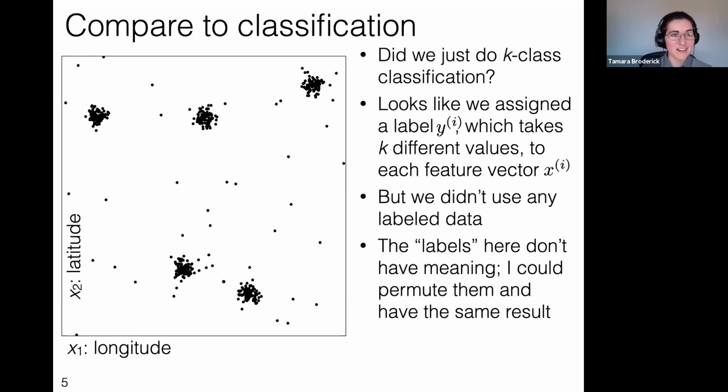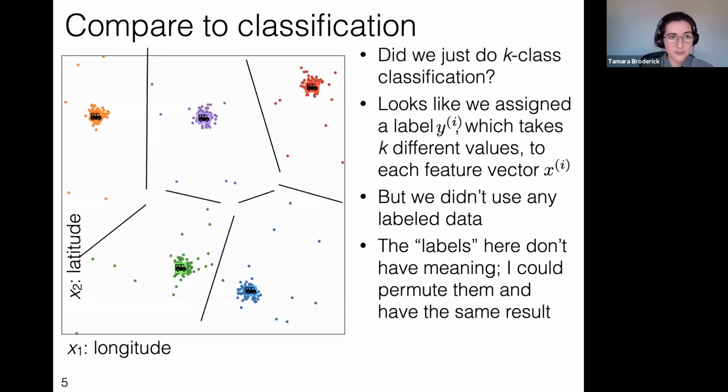I would be very uncomfortable. My life would fundamentally change. In this case, if I took my labels, my trucks, and I just permuted them, like here I've just put different colored trucks in the same location, nothing has changed. I still am feeding everybody just as well as I was with the previous locations of the trucks. I could totally change all the labels, I could permute them, and I'd have the same result.